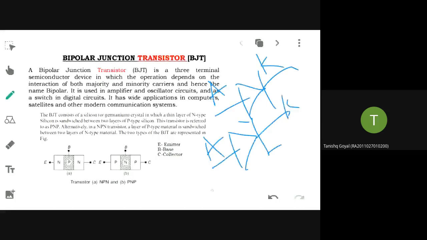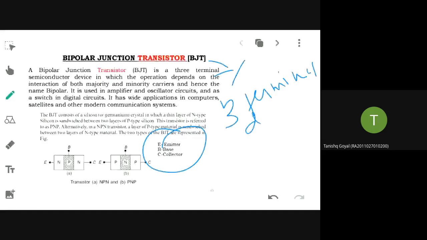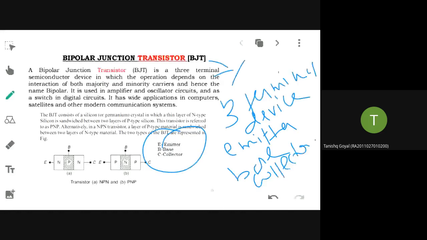But a BJT has three terminals: emitter, base and collector. The two types of transistor are NPN and PNP.